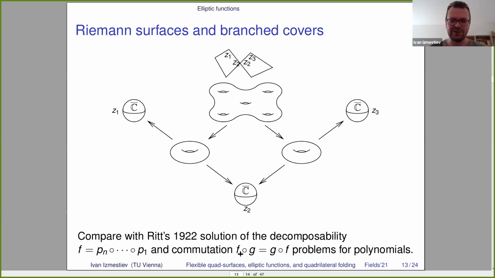For example, one can ask when two polynomials commute if you use the composition as the operation. And he solved this problem exactly by considering branched covers and the monodromies of branched covers. I cannot provide the details now, but I just mention that at some point one also has to look at the monodromy there.